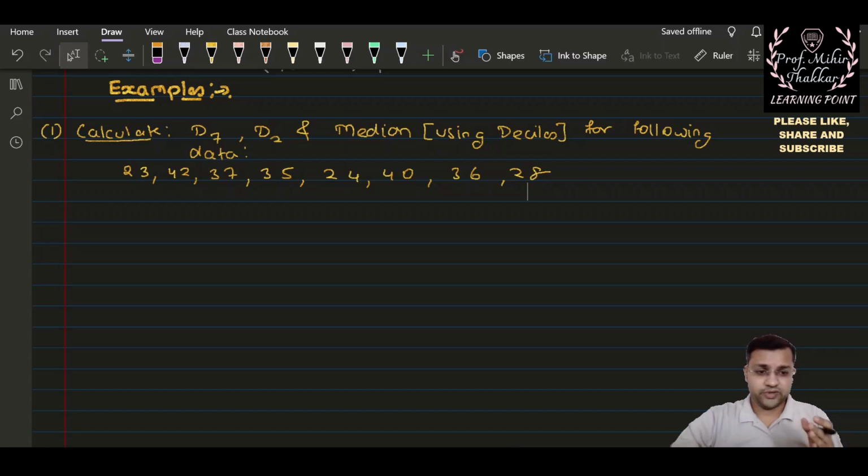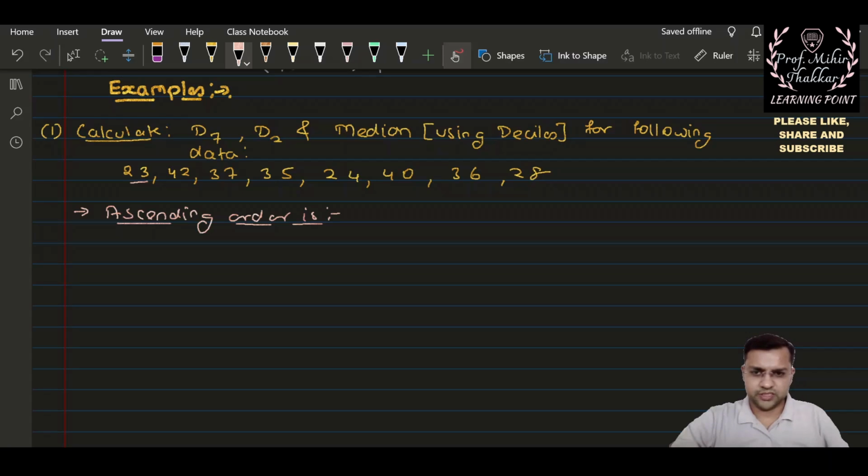So when you are given raw data, the first thing we need to do is arrange the data in ascending order. So what is the smallest number? Let us search for it. I can say the smallest number is 23.